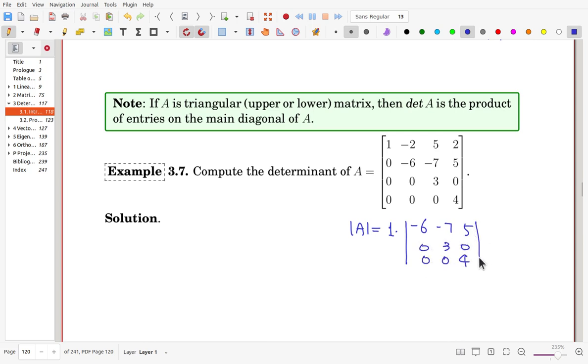And these are zeros, so you don't have to worry about them. Now we focus on this matrix.